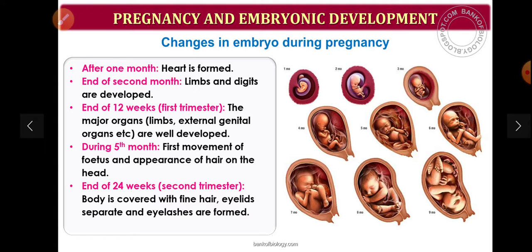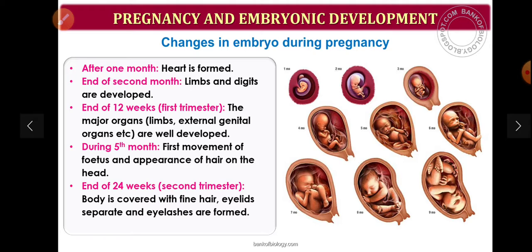At the end of the second month, limbs and digits are developed. Within the second month, the heart and blood vessels also develop. The heart and head areas develop rapidly. Eyes begin to form in detail. Internal organs grow, especially the digestive system.